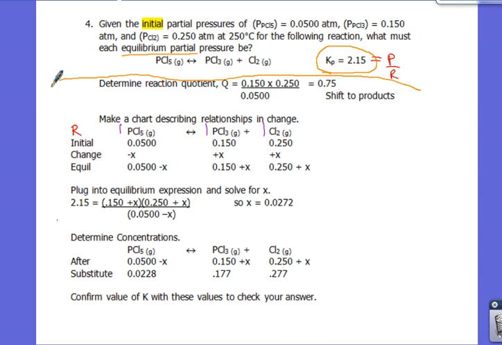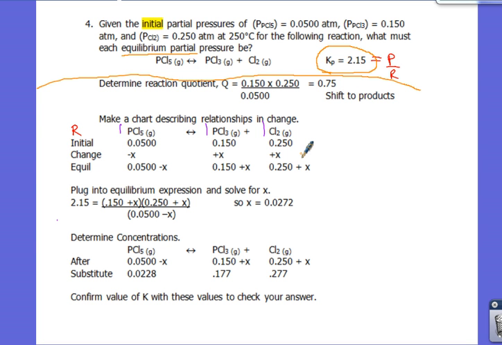So the first thing I did, this is the question, here's all my work. First thing I did is I made a data table. Here's the reaction, here's the initial values, and I wasn't sure which way it was going to shift because I have pieces in all 3 spots. I wasn't sure if this was negative x or positive x and vice versa.